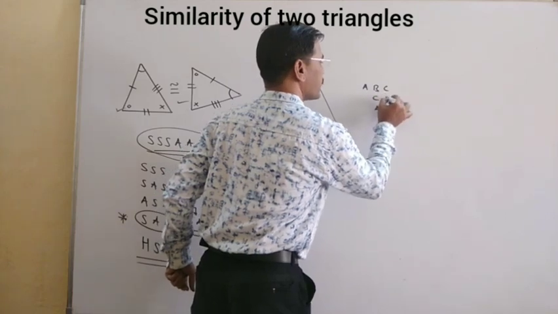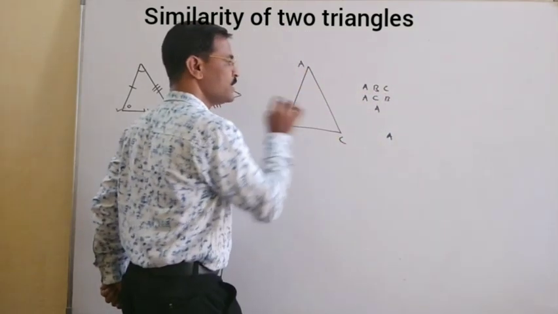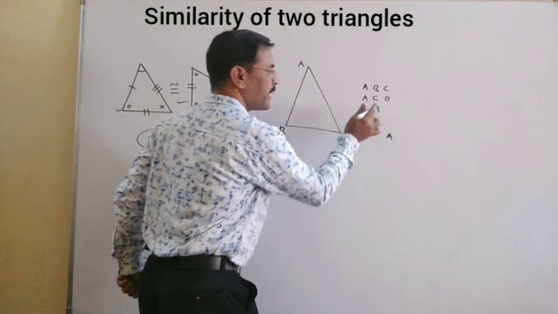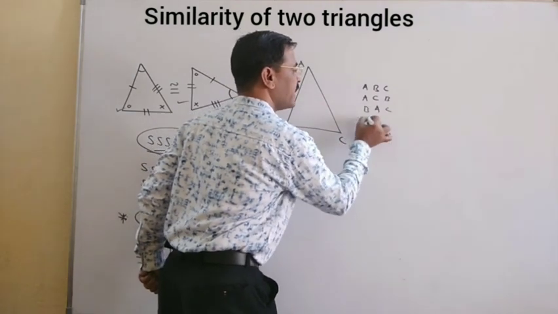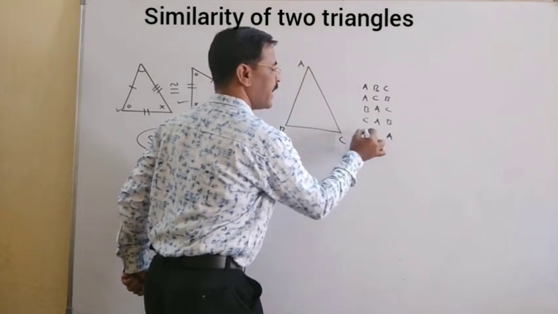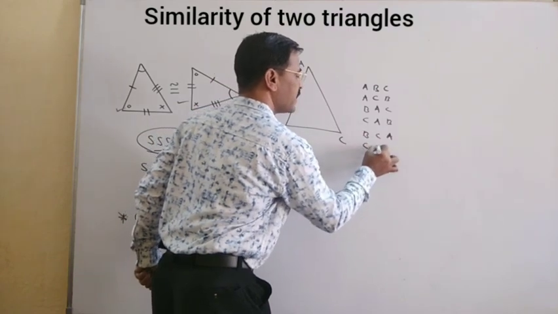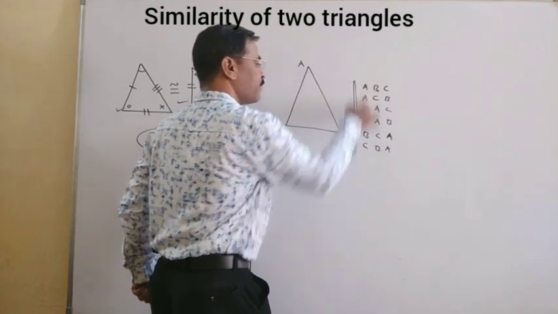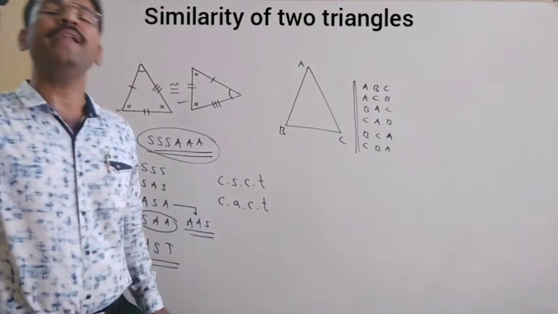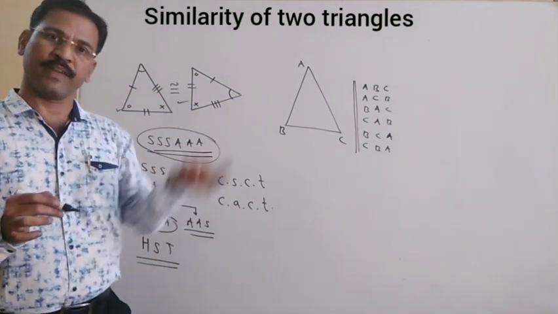Again I will write A in the middle part, so B C means BC, CB. Here it is A, BC, CB. So this is the procedure to write the name of any triangle in 6 ways.